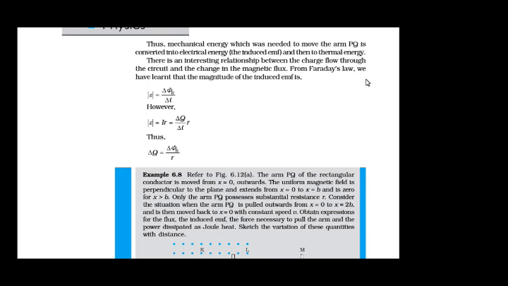From Faraday's law, we have learned that the magnitude of induced EMF E is equal to delta phi B upon delta t. However, the modulus of E is equal to IR, that is delta Q by delta t into R. Thus, delta Q is equal to delta phi B by R.